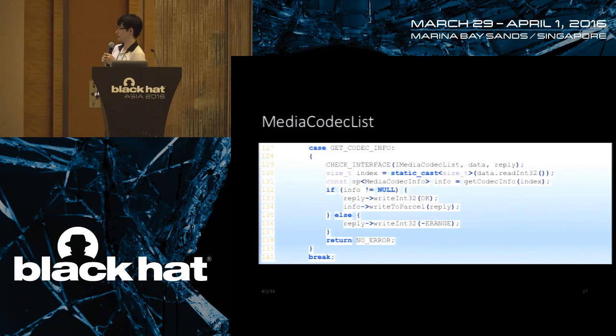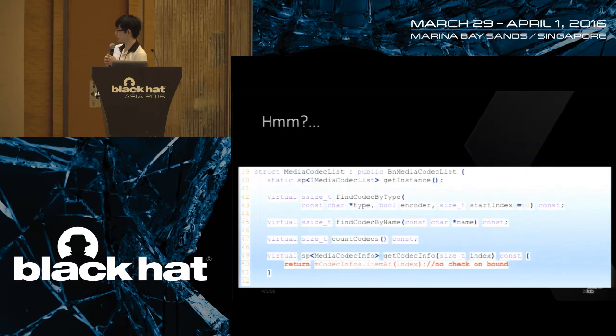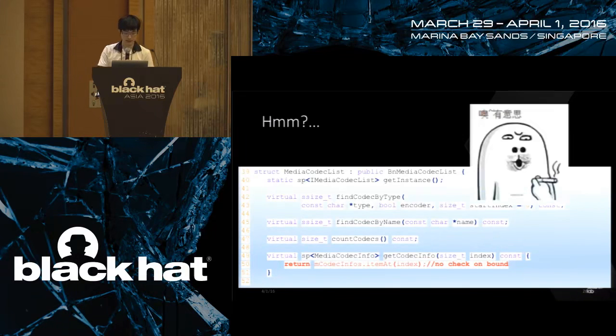If it has failed, then an invalid value will be written in the Parcel, and the user will be notified of it. So let's go back to check the getCodecInfo function. Unfortunately, there's no bound check here, and we can see that the index is directly passed to the vector's itemAt function.